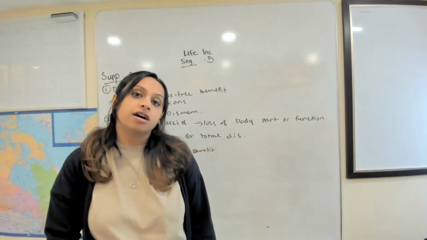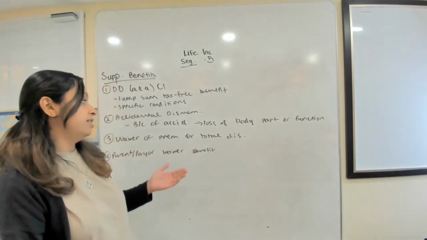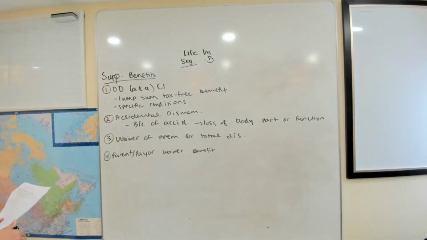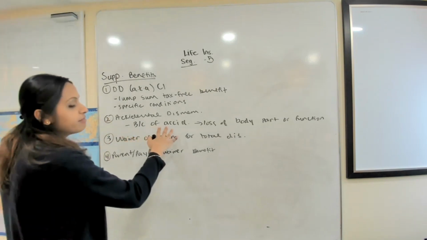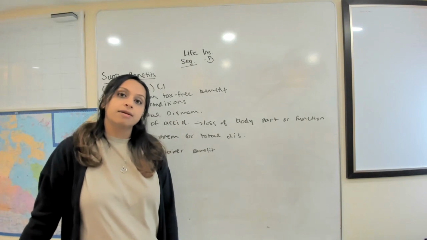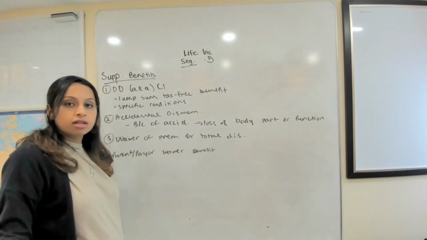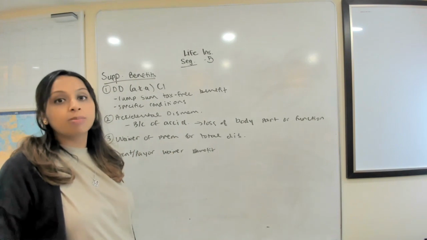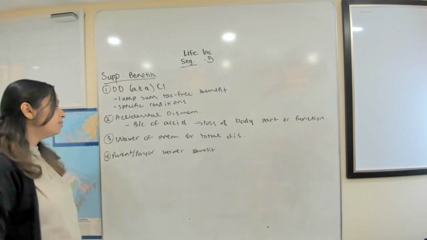So a payment can be made if somebody loses like an arm or a leg because of an accident, so they are able to have a payment because of that. And they may even again pay half of the death benefit here. So give half to the person while they're living, and then half can be given to the beneficiary when that person passes away, right? So it's coming from the same pool, the death benefit, but it's just a way to help the person while they're still alive. So that can be used as well.